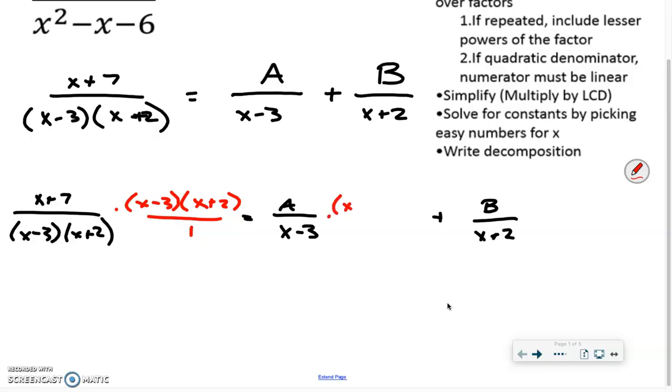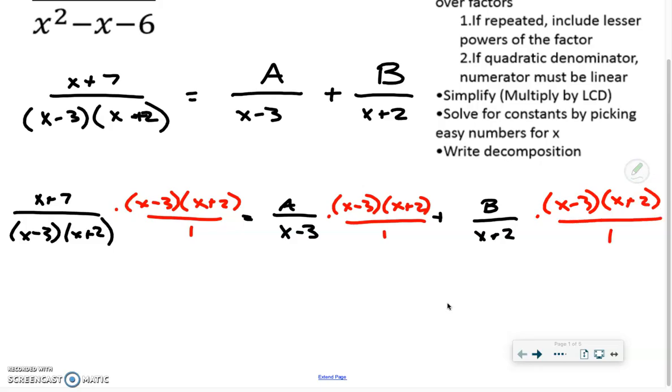And that's exactly what we're going to do. Multiplying both of these terms times the denominator over there, all in an attempt, once again, to not have fractions. I know that the x minus 3's are going to cancel. I know that the x plus 2's are going to cancel. So my left side just becomes x plus 7. Looks a whole lot simpler, doesn't it?